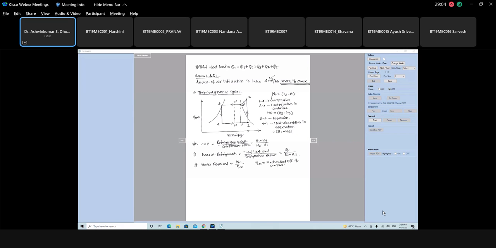Please note that this is the general procedure for calculation of the total capacity of the compressor.